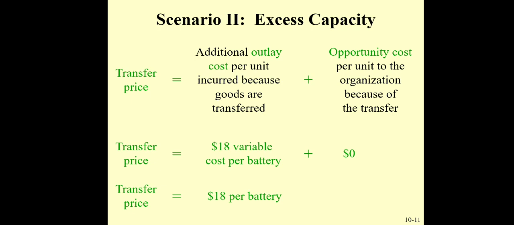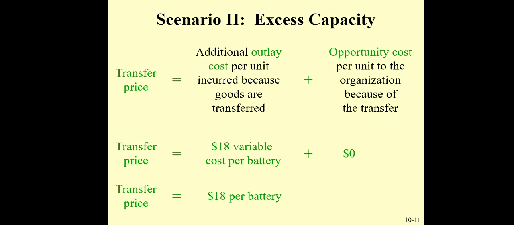So now see the second layer of the formula. Transfer price equals additional outlay cost, which is $18. That is the additional cost every time the battery division produces a battery. $18 variable cost, plus opportunity cost. Opportunity cost is 0.